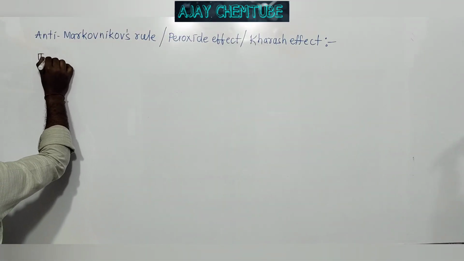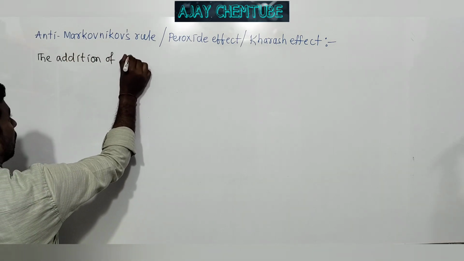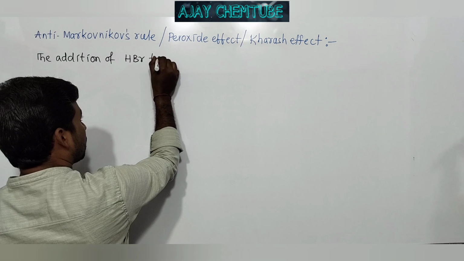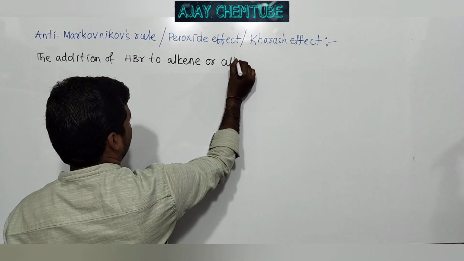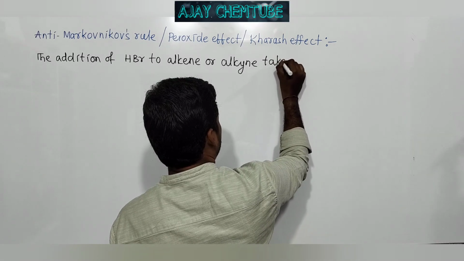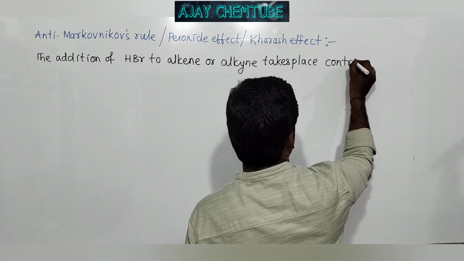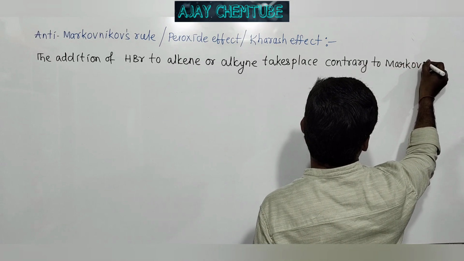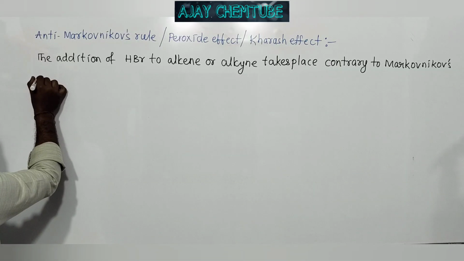The addition of hydrogen bromide, not hydrogen chloride or hydrogen iodide, only hydrogen bromide, to alkene or alkyne takes place contrary to Markovnikov's rule.